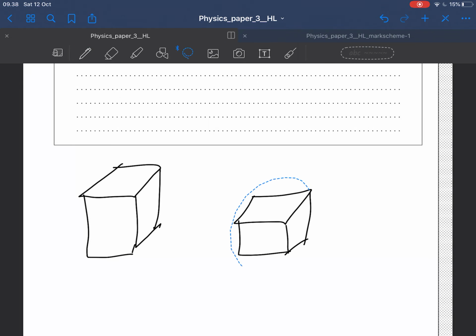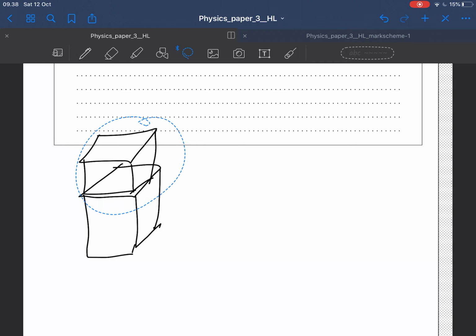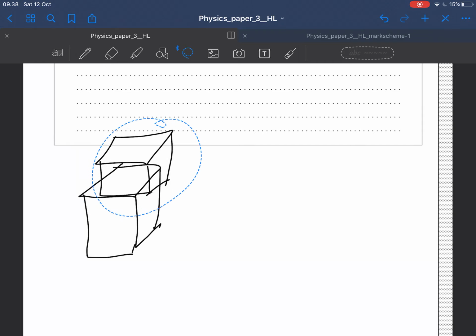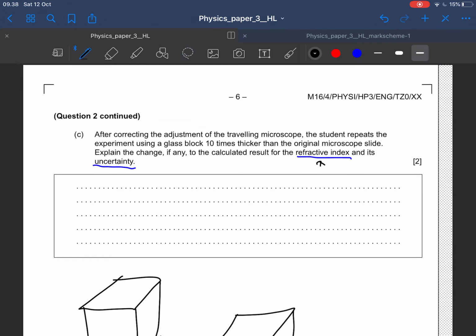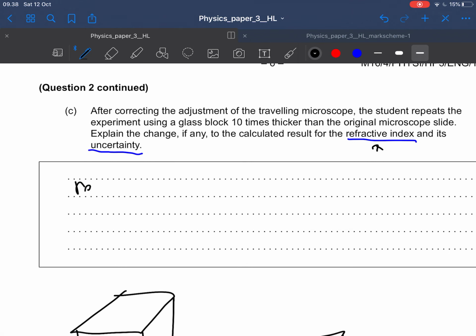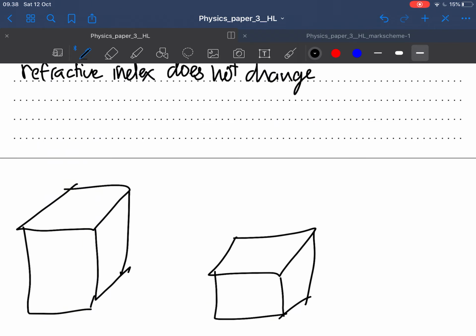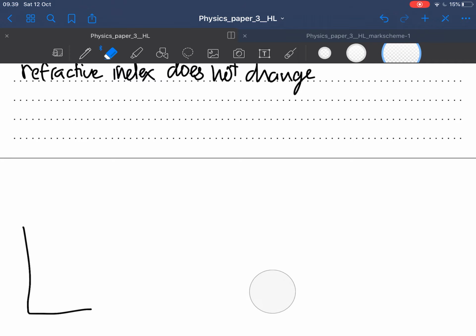So, if you have this block, and you put another block on top of that block, the refractive index doesn't change because it's still the same block. So actually, the refractive index, again, does not change, because refractive index only changes when you change the type of material.